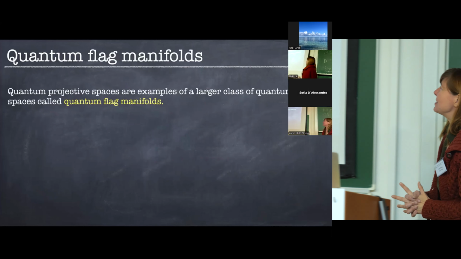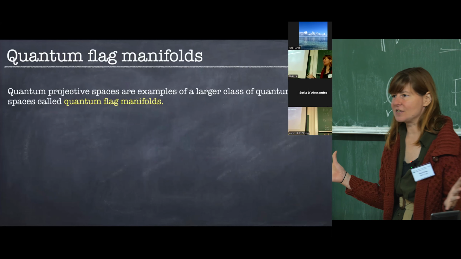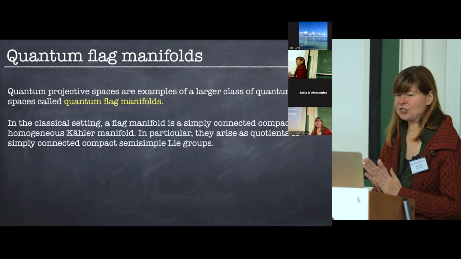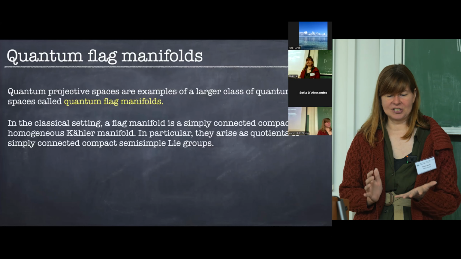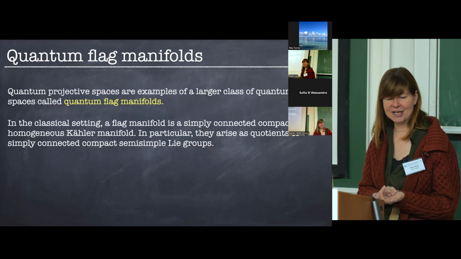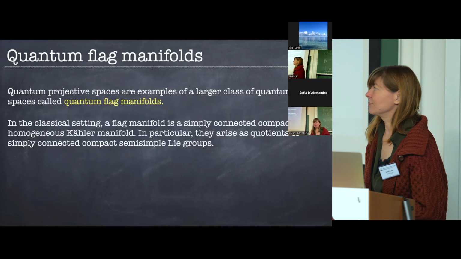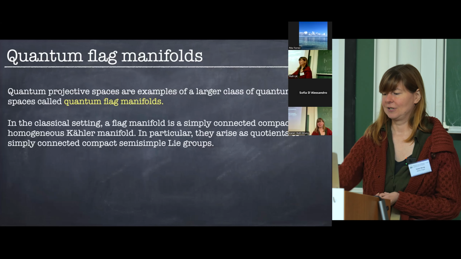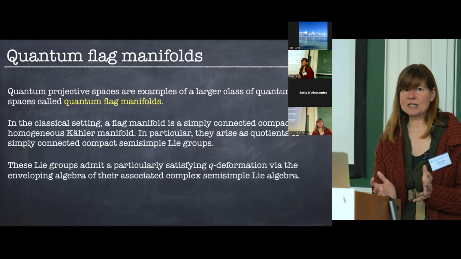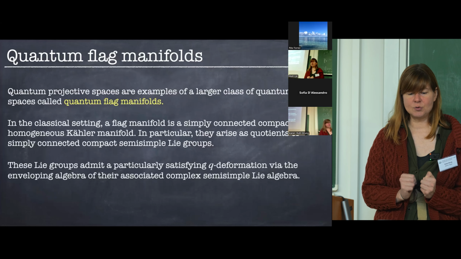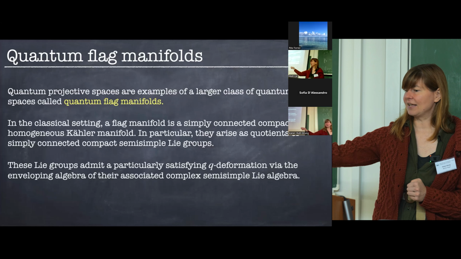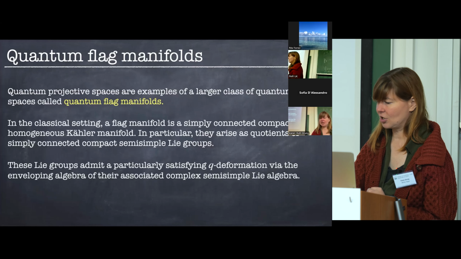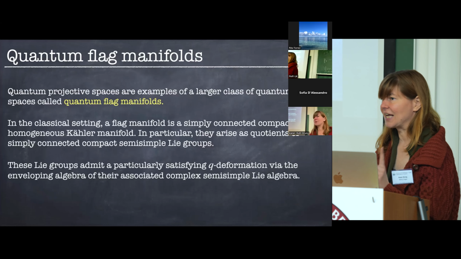Now, these quantum projective spaces are examples of a larger class of spaces called quantum flag manifolds, which in the classical setting are just simply connected, compact, homogeneous Kähler manifolds. So in particular, they arise as quotients of simply connected, compact, semisimple Lie groups. And these Lie groups admit a particularly satisfying Q deformation by looking at the enveloping algebra of their associated complex semisimple Lie algebra and Q deforming that.